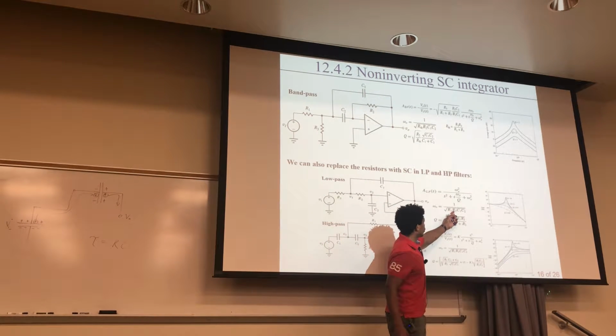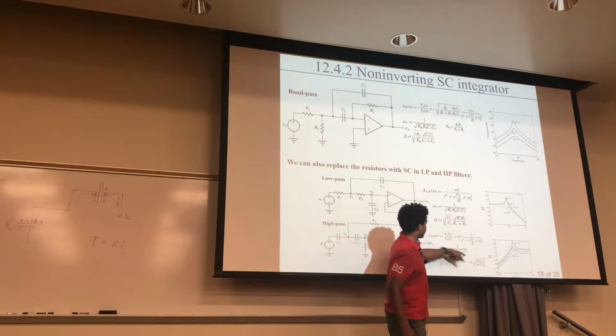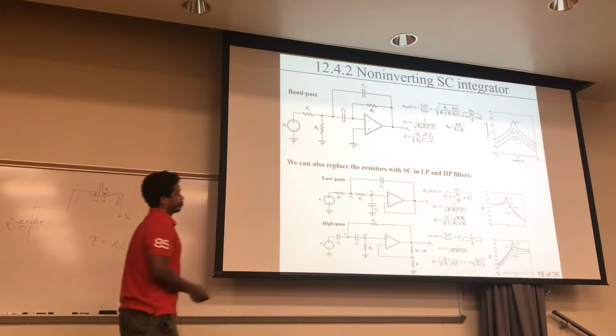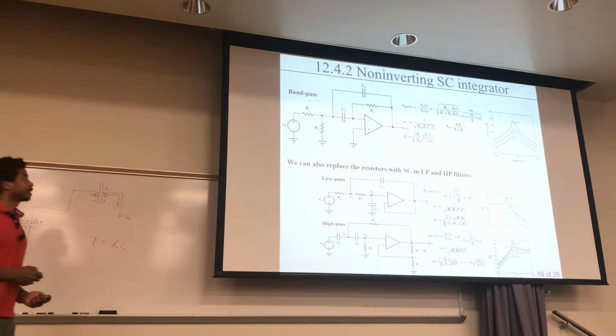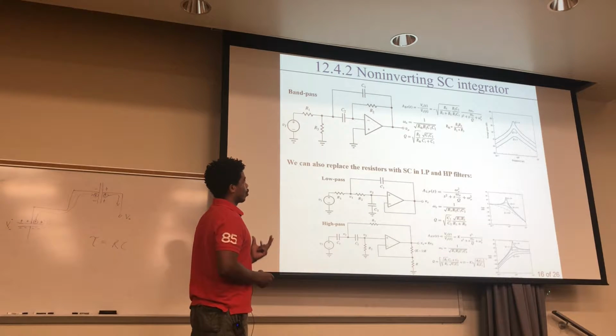The R1 and R2, they would become the T over C, T over C, T over C here, same here, T over C's and all of those. And then you can change frequencies and other things. So it's a really nice way to have control over your filtering, right?